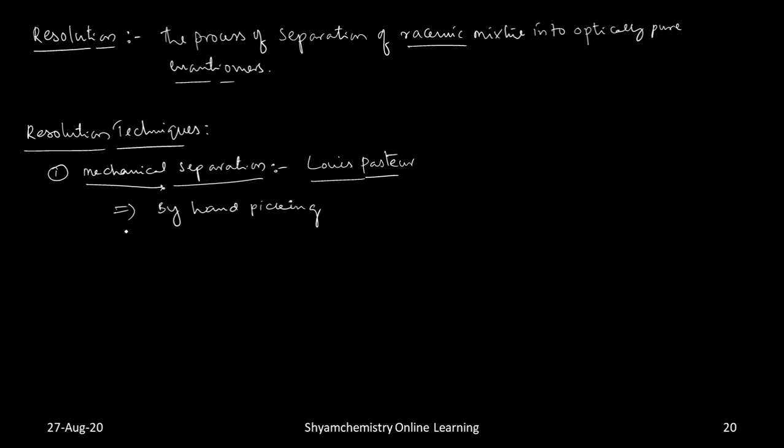There is a slight difference in the dextro and levo crystals. When these crystals slightly differ in physical appearance, then we can separate both enantiomers by hand picking.